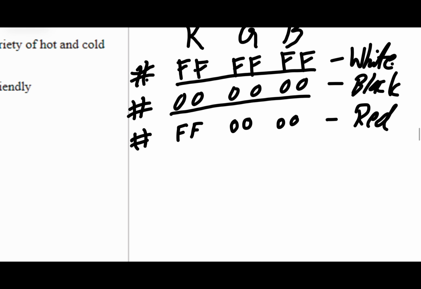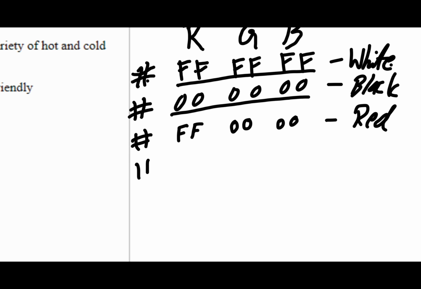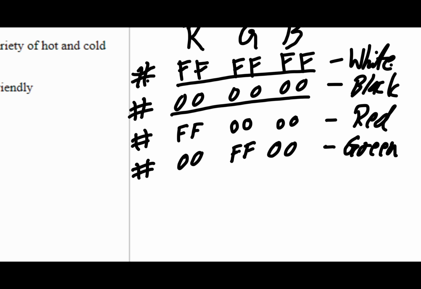If I want green color, then I will use hash, red color how much, 0%, green color how much, full green color, so 00FF00, and blue 00. Then this code is for which color, green color.